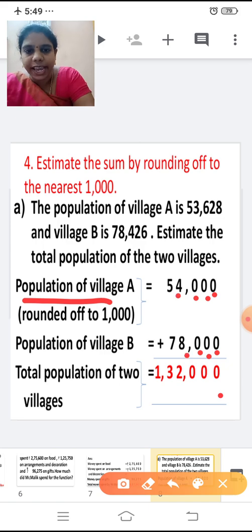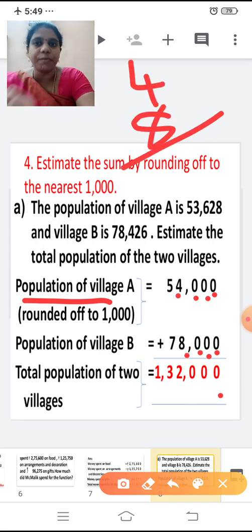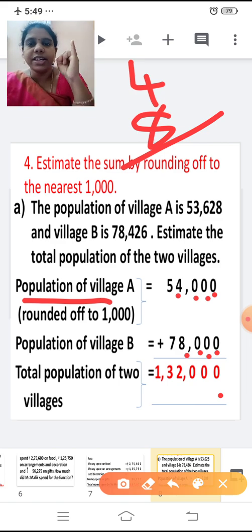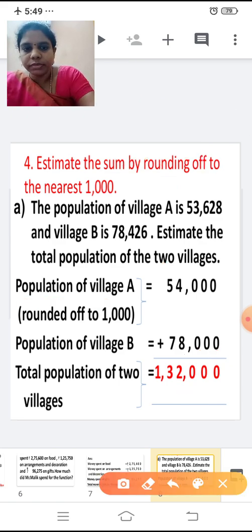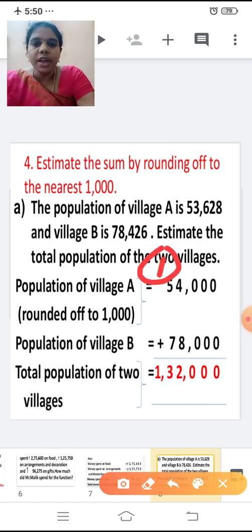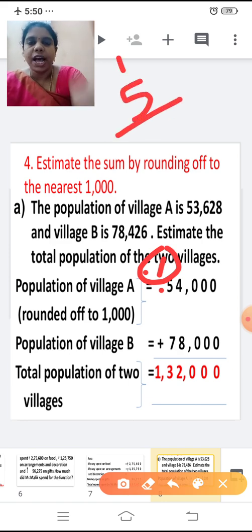Now 4 plus 8. We are going to add 4 and 8. With 8 I am going to add 4 more to it. 9, 10, 11, 12. 8 plus 4 is 12. So 2 I am writing here. 1 is carried over. Now add the 10,000 place. 5 plus 1, 6.